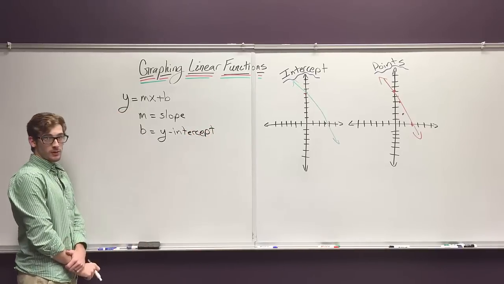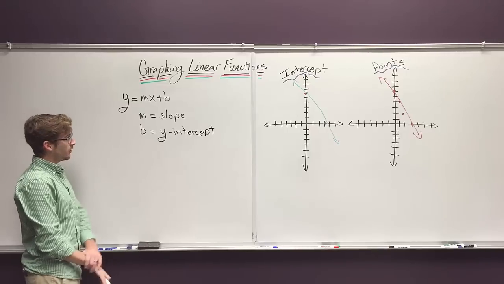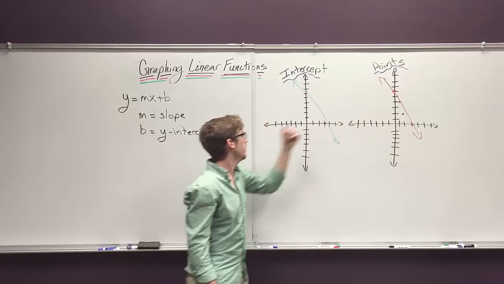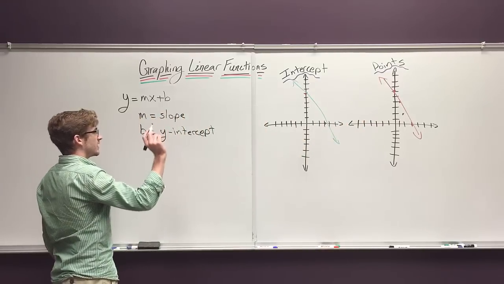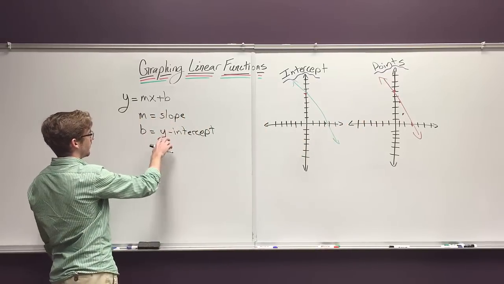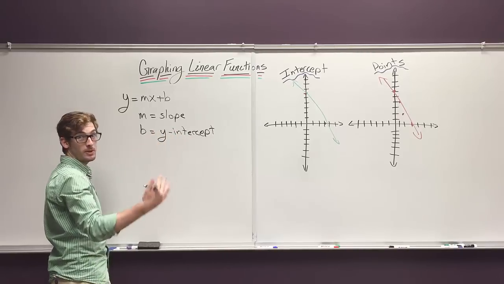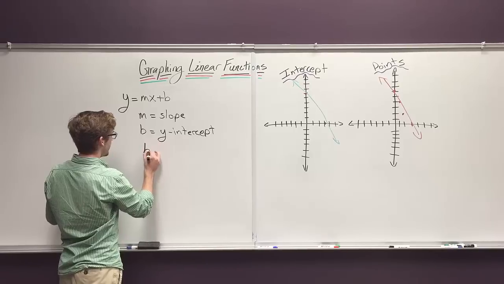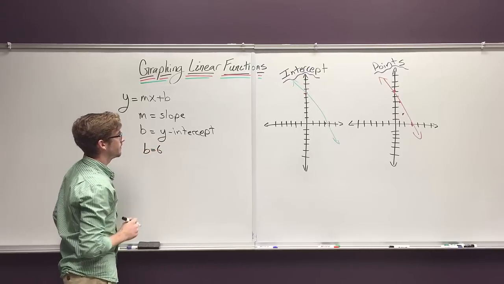Well, that's useful, right? Because we know the intercept. It's the same one, (0, 6). So the y-intercept is just the number 6, and in this case, our b equals 6.